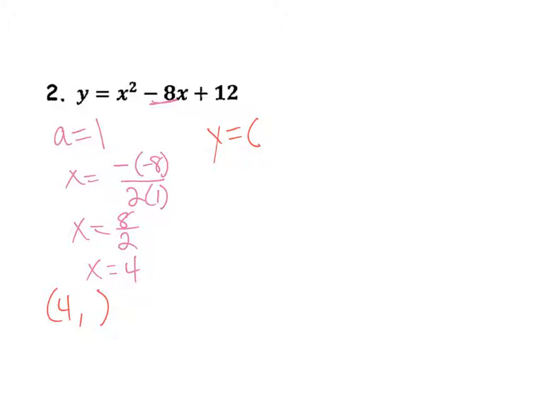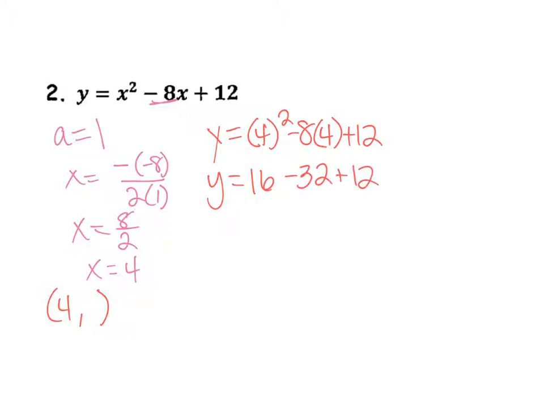I'm doing now x squared minus 8x plus 12, but I'm plugging in my newly found x. 4, thank you. x squared minus 8x plus 12. So y equals 16 minus 32 plus 12. And we just go in order from left to right. First, we have to do 16 take away 32.